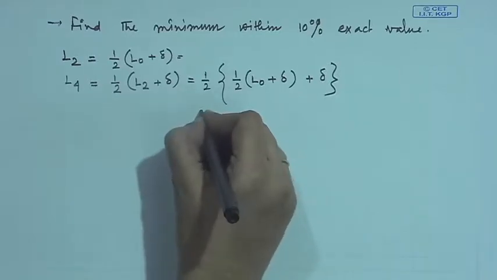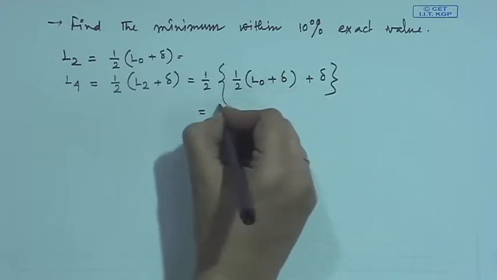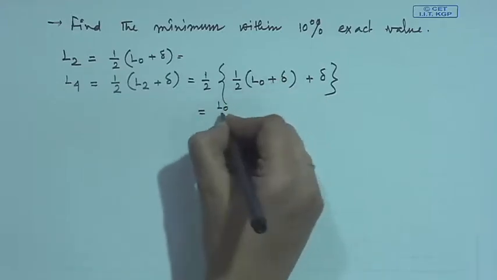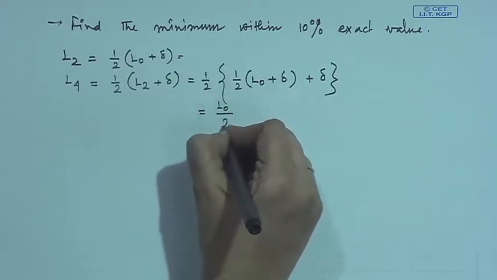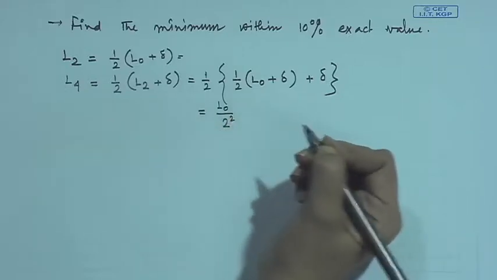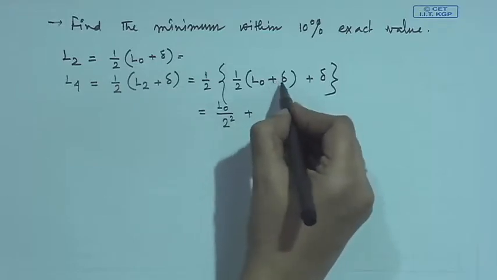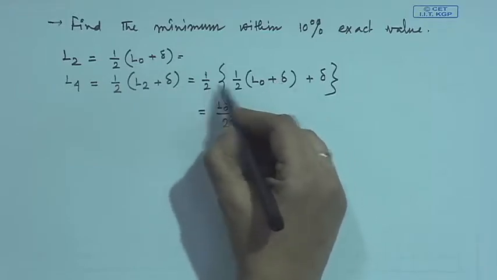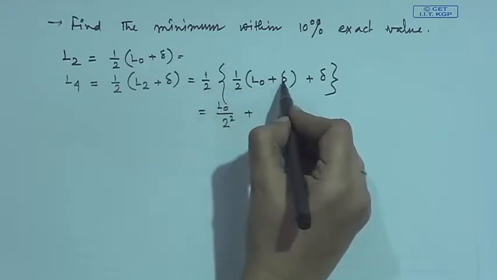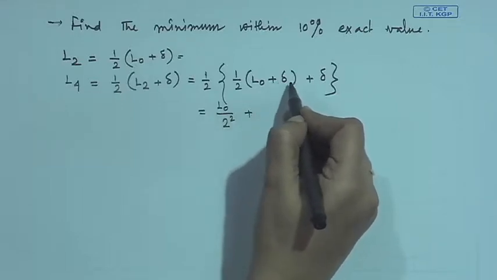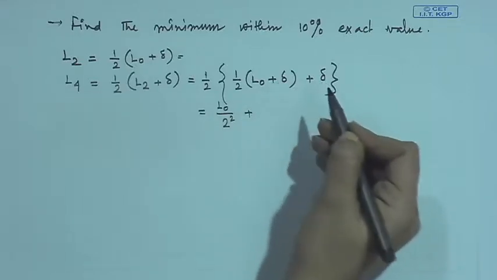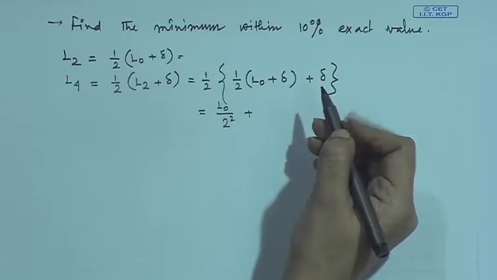Now, if I do it, we are getting L0 by 2 square, plus here I am getting 1 by 4 delta by 2 plus half, that means it is coming 3 by 4 delta.